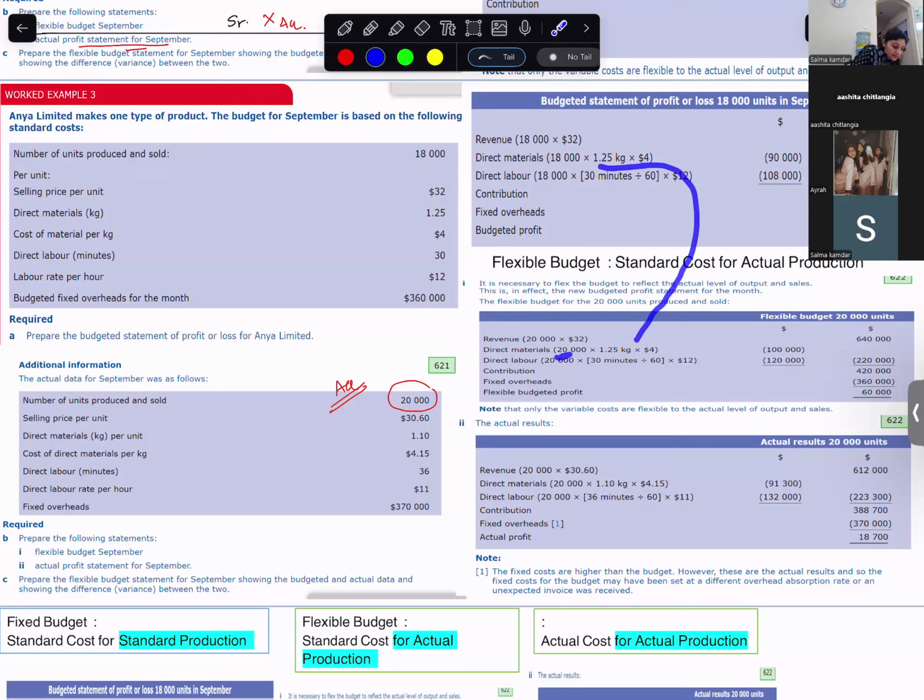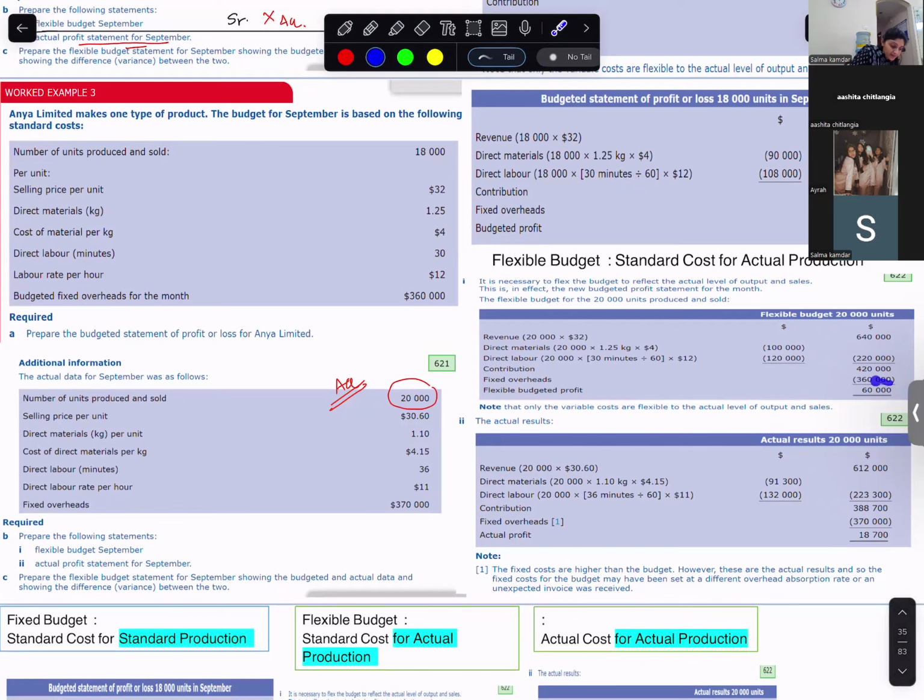Direct labor would be 20,000 units into 0.5 into 12. Fixed overheads would remain the same and you have the flexible budget profit. Correct? Flexible budget is what? Standard rate into actual quantity. Are you with me?